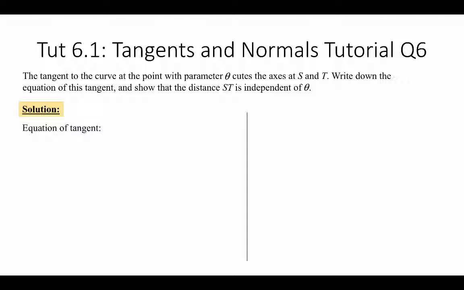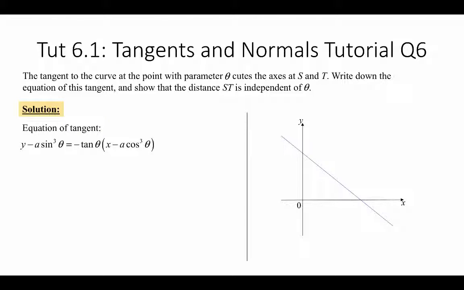First, for the equation of this tangent, we use y minus y1 equals m times x minus x1. This is the equation of our tangent. Looking at the diagram on the right hand side, imagine the line is the tangent of our curve at the point with parameter theta.